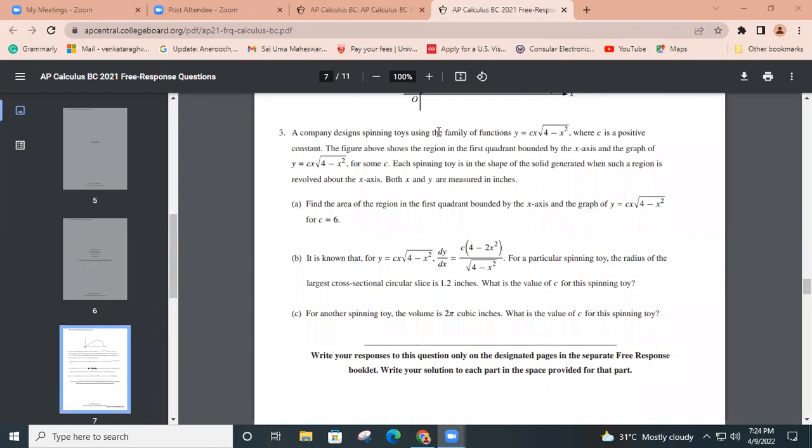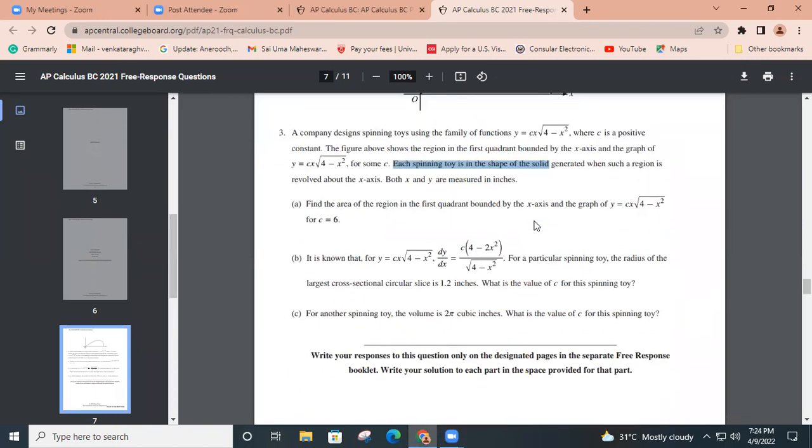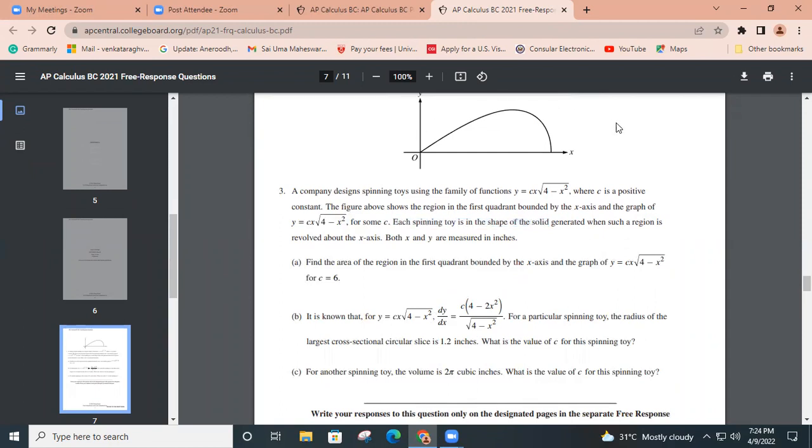If you read the question, the figure above shows the region bounded by the x-axis and the graph, and each spinning toy is generated when such a region is revolved. So they're saying the largest radius is 1.2 inches. If y, the largest value possible here, is 1.2, what is the value of c they are asking?